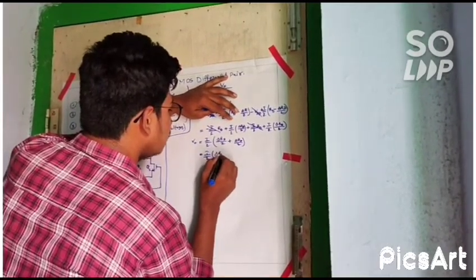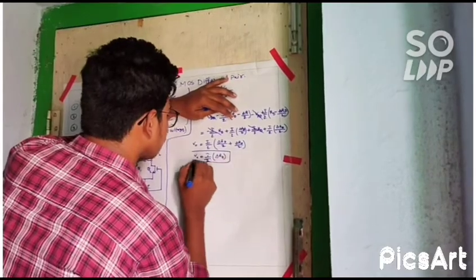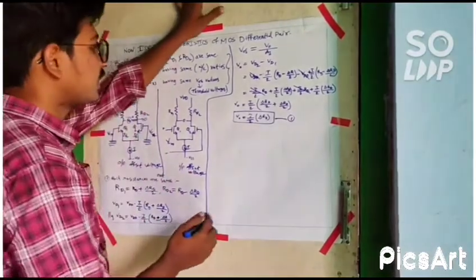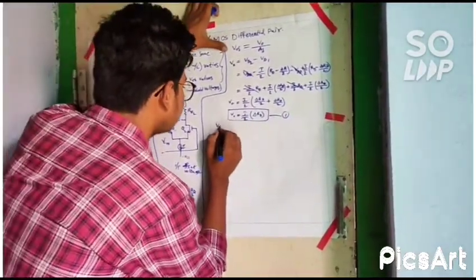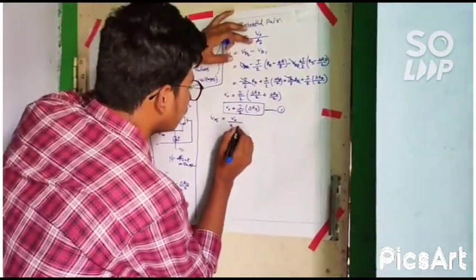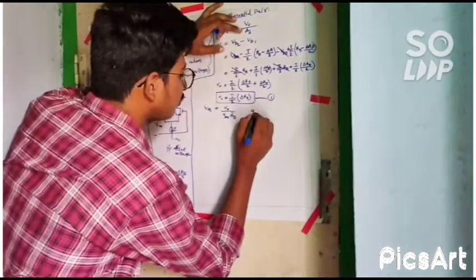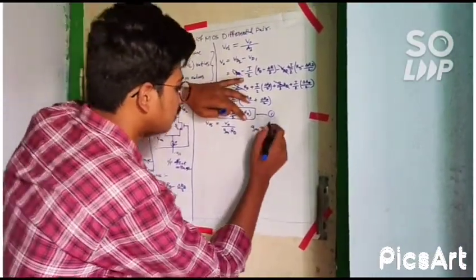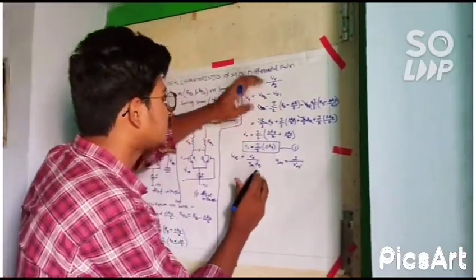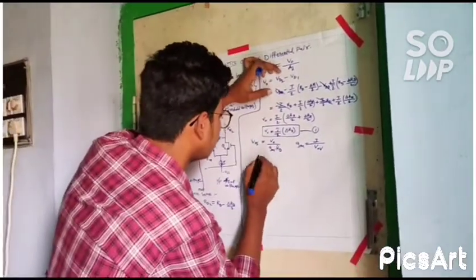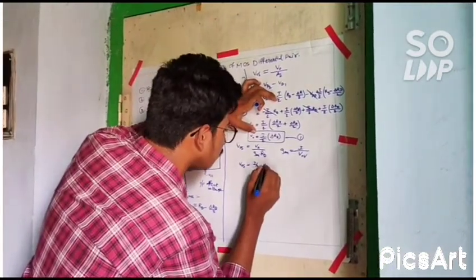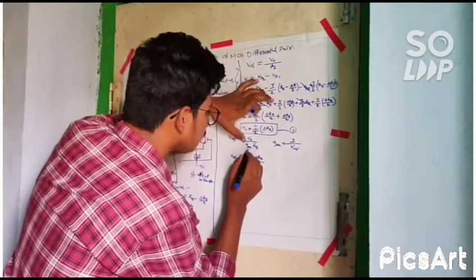Then V0 is equal to I by 2 into, taking I by 2 as common, delta RD by 2 plus delta RD by 2. That is I by 2 into delta RD, which is V0. This is the first case, take it as equation 1. Now VOS is V0 by AD, gain that is GM into RD, where GM is the transconductance.